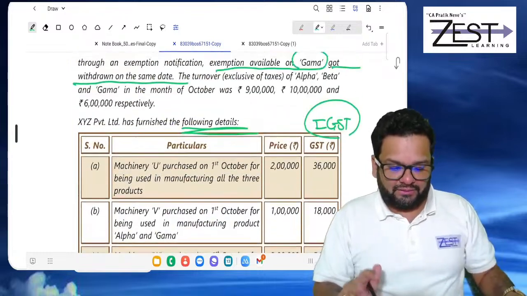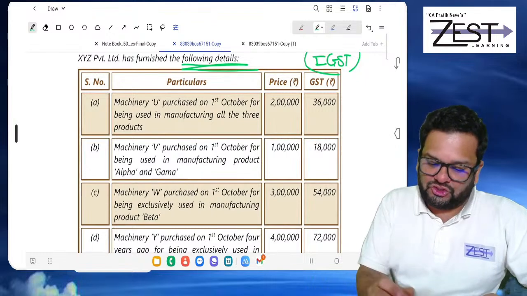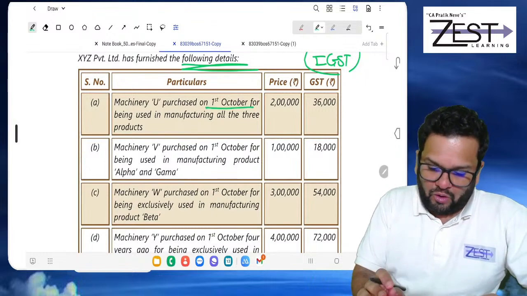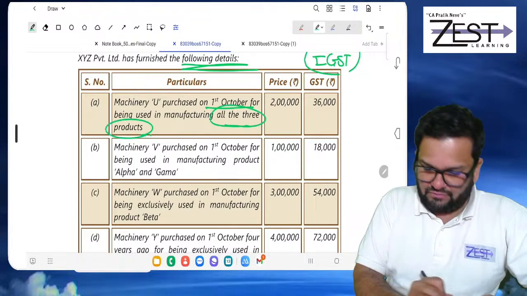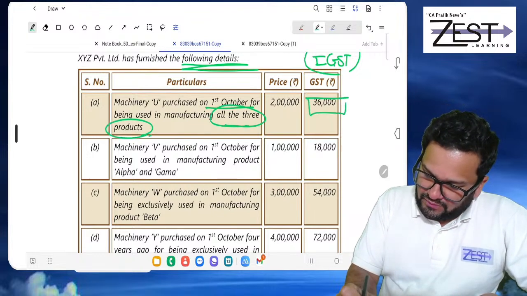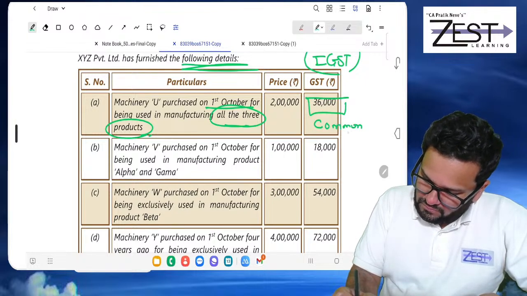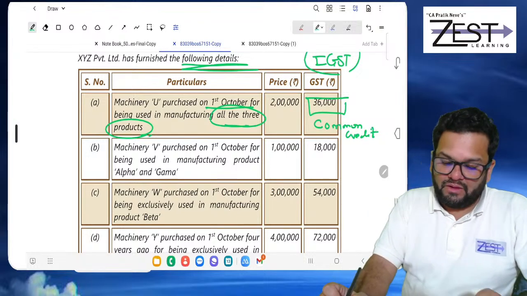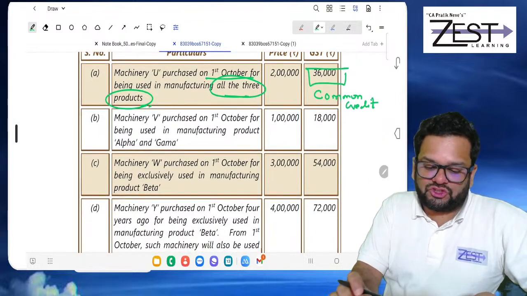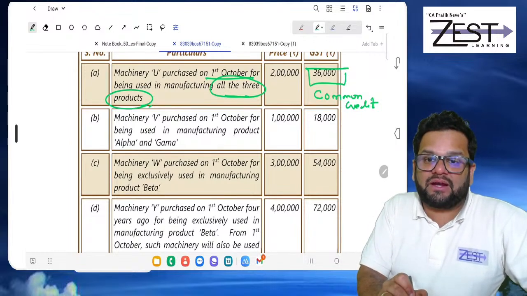Yes. Let's go ahead. Machine U is purchased on 1st October for being used in manufacturing of all three products. So friends, 36,000 is common credit. Next, machine V purchased on 1st October for being used in manufacturing alpha and gamma.